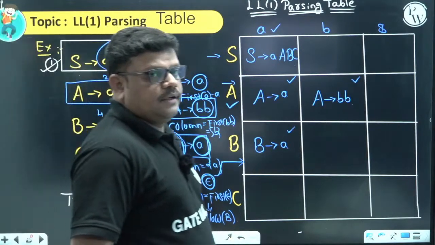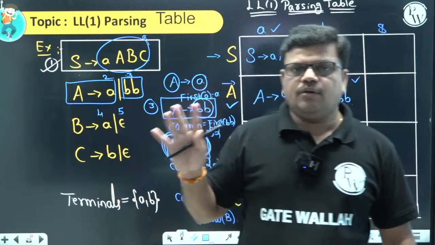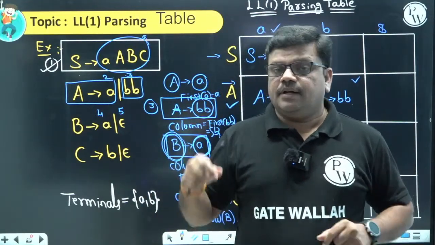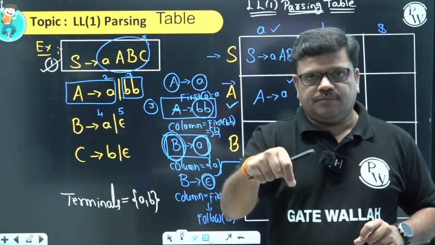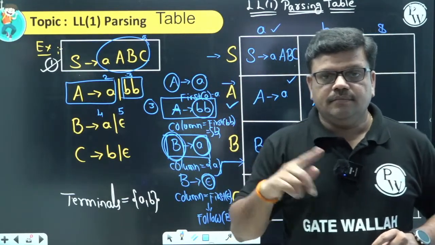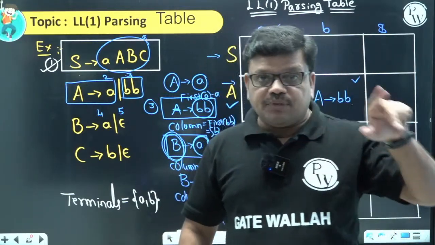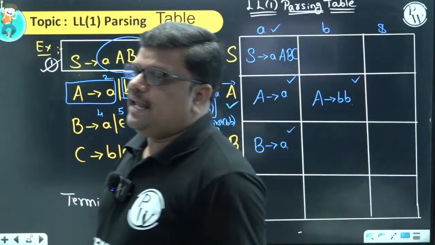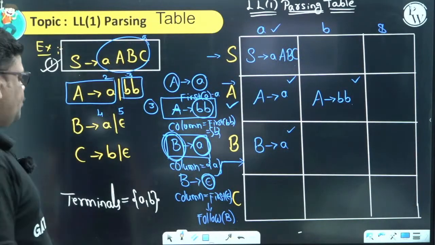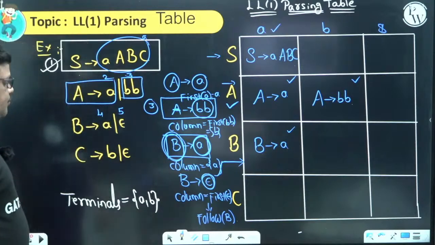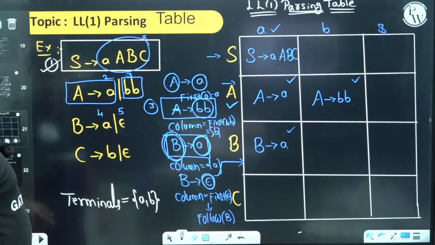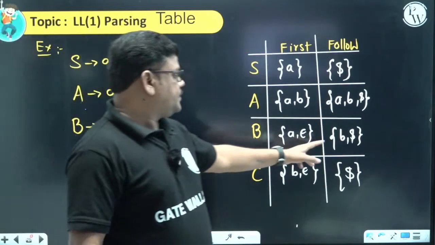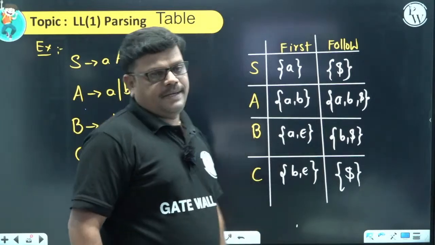Is it clear? Otherwise, follow calculations are generally not required. If epsilons are not there, follow calculation is not required. Whenever we are deciding columns from the right hand side, wherever you get epsilon, for that place we need to take the help of the follow set. So what is follow of B? We have computed it already. What is follow of B? b and dollar.